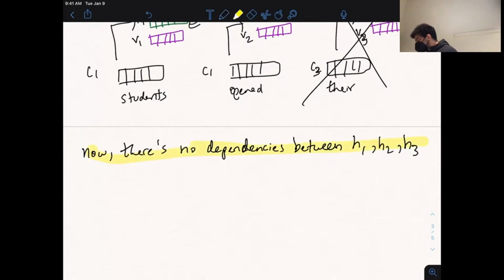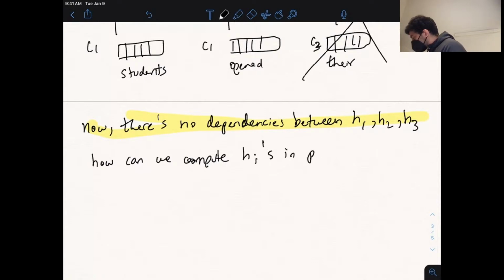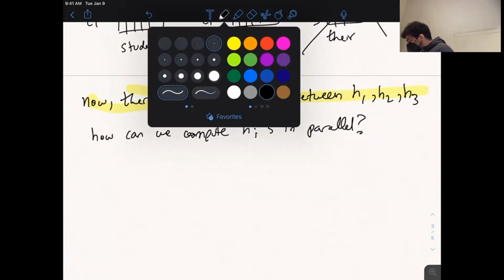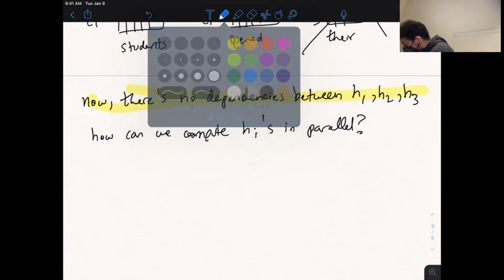All of these are just functions of these queries and keys, but H sub 3 does not directly depend on H sub 2. In fact, those two are not related at all, right? So how can we take advantage of this fact? Specifically, how can we compute H sub I in parallel? So let's just redraw all of our queries and keys. Oops, I used blue for query.